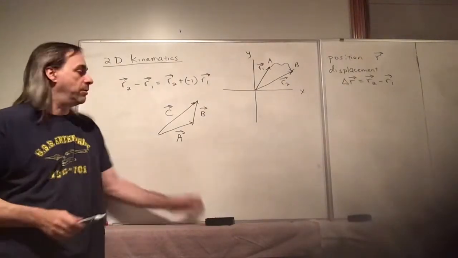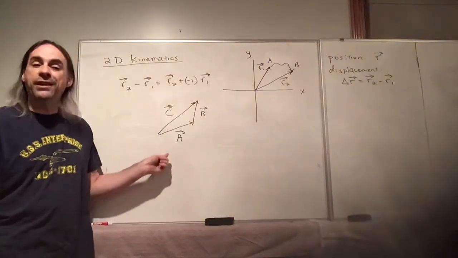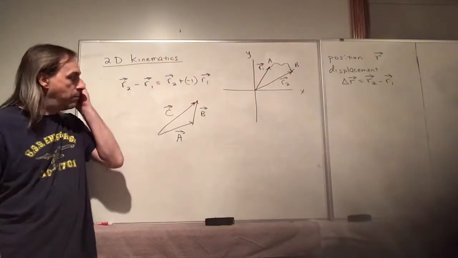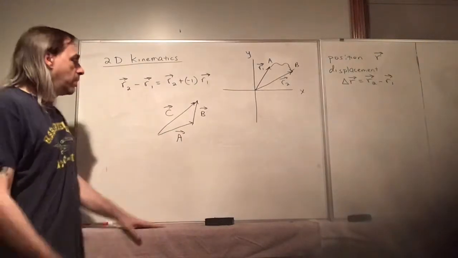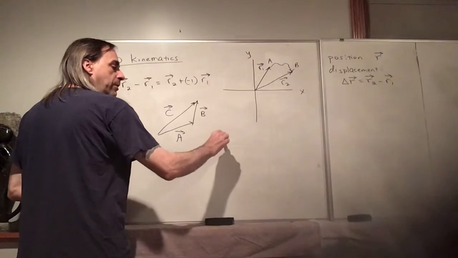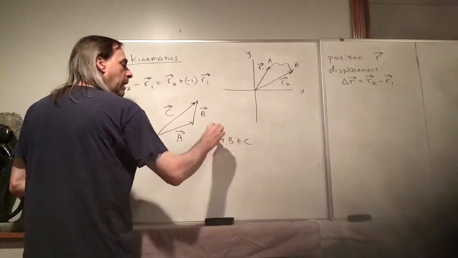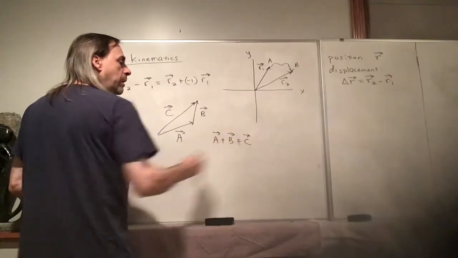That's where you want to get to. You think tip to tail addition, so think of displacement vectors. I'll just write down the equation represented by this graph. That's A plus B equals C.